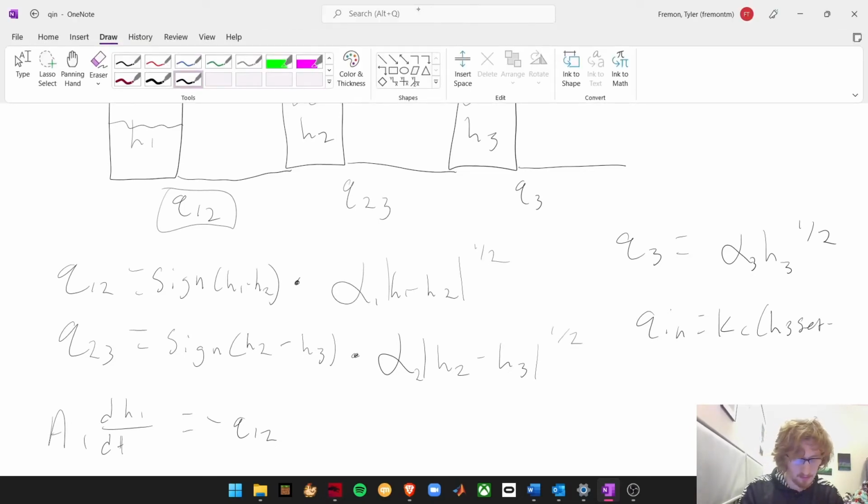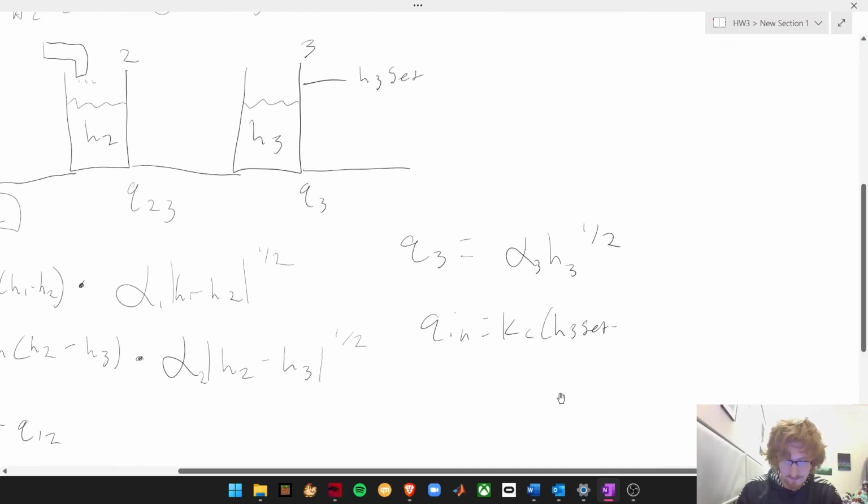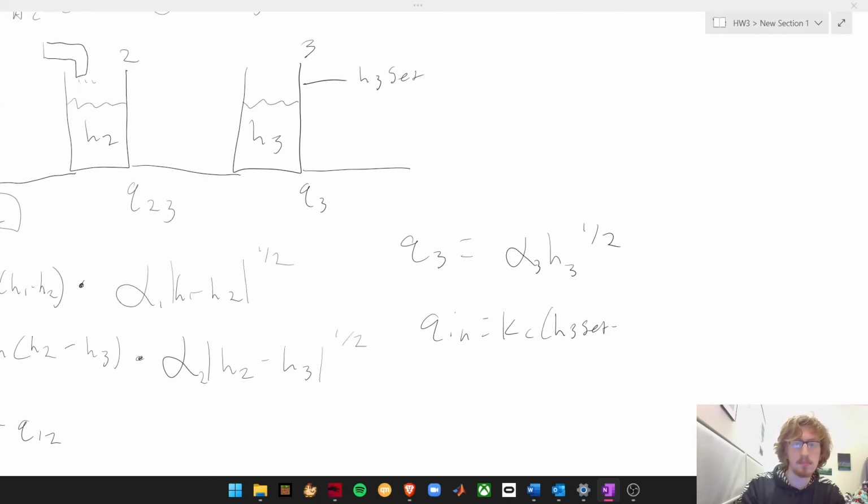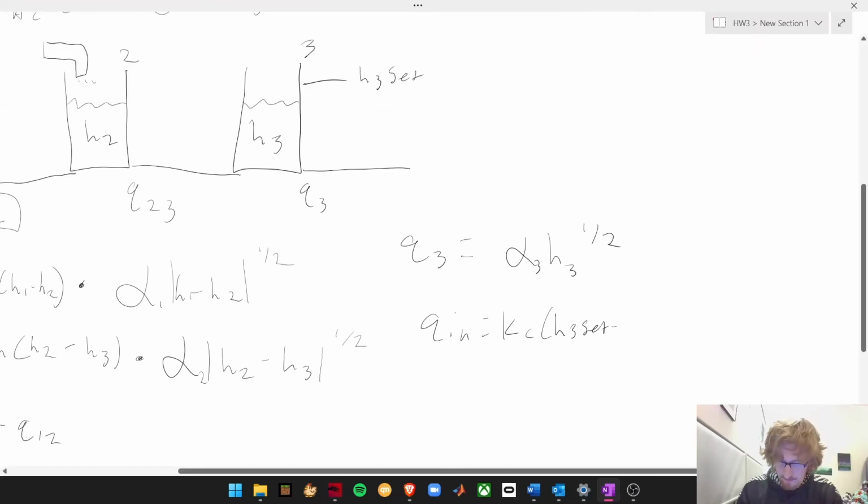Gotta break out the panning hand again. There we go. So as you can see here, this is going to be controlling the inflow into tank 2. Make that a little neater.